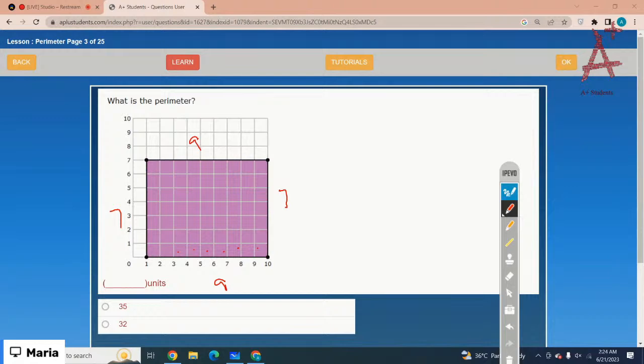Yes, that would be 32. So the sum of all the side lengths is 32.